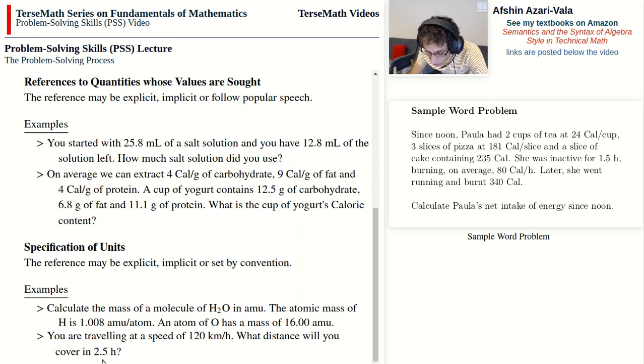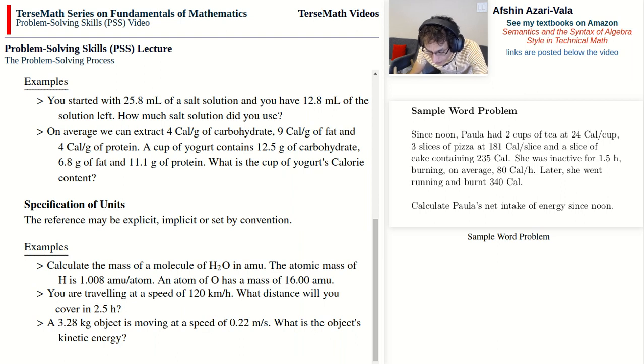And also the duration of travel is given in hours. So one would expect that because kilometers is being used in the unit for speed, then the distance will also be computed in kilometers. So this is an example of a word problem that is sort of implicit in terms of the unit that should be used in the computation of the value of distance.